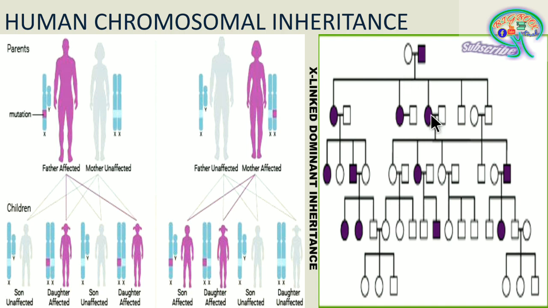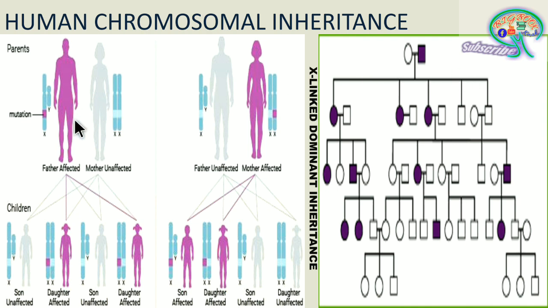The female mother has passed it to both the daughter and the son. The daughter again passed it to the son. Here the male has passed it to the daughter. So here you can see.